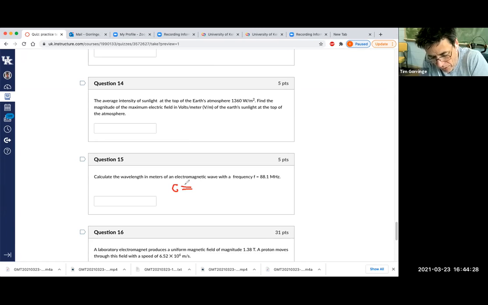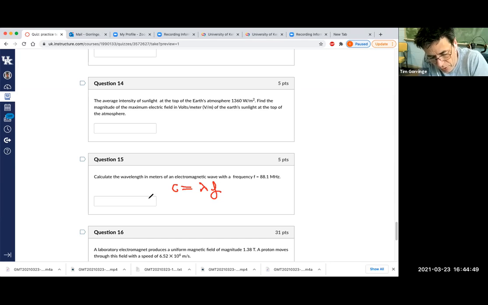And for light or other electromagnetic waves, this is a radio wave, the speed of light is equal to the wavelength times the frequency. You can see that this is dimensionally correct, right? The speed is meters per second, wavelength is meters, and frequency is per second.